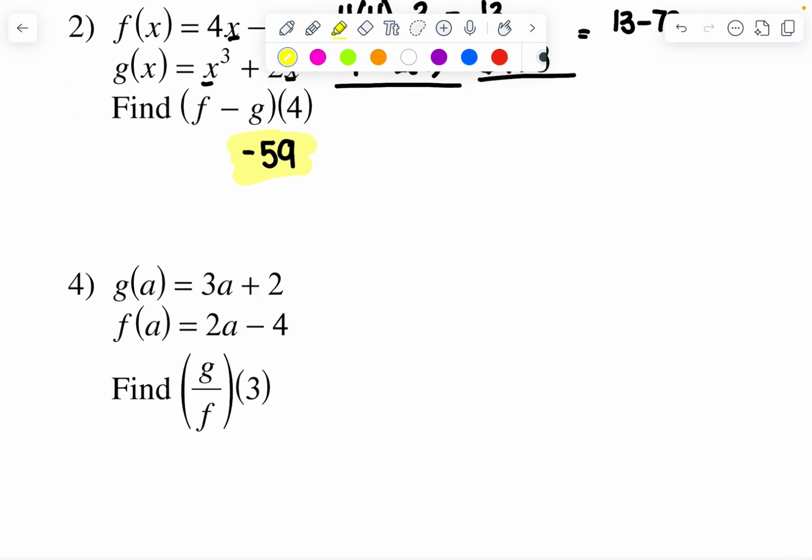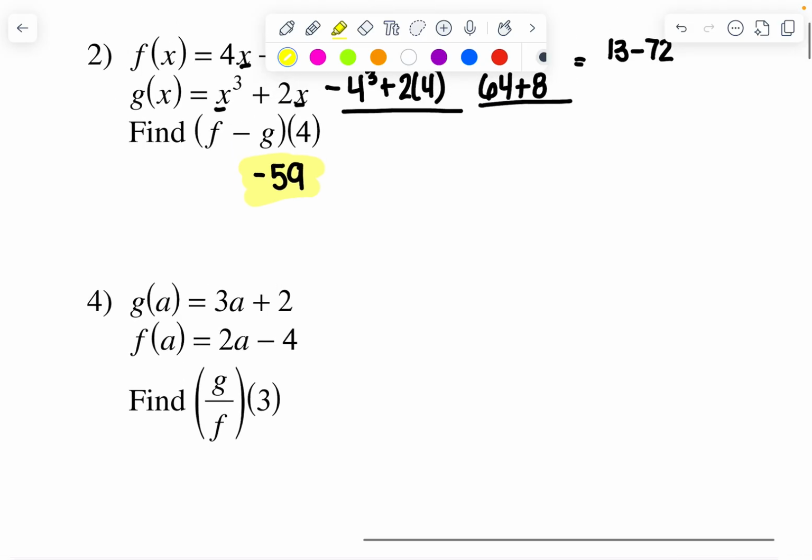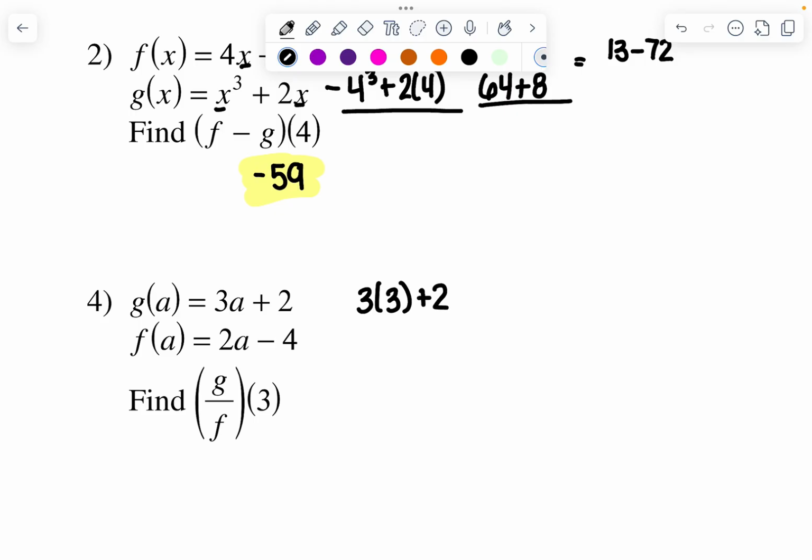All right, so for number 4, they want you to find g divided by f of 3. So I would, 3 times 3 plus 2 divided by 2 times 3 minus 4. So I'd put my division bar first. 3 parentheses 3.